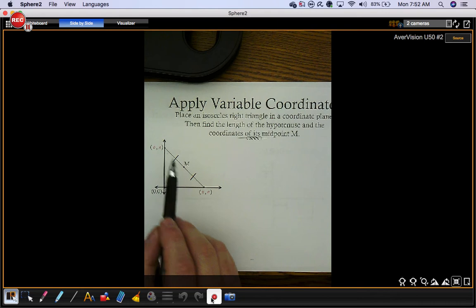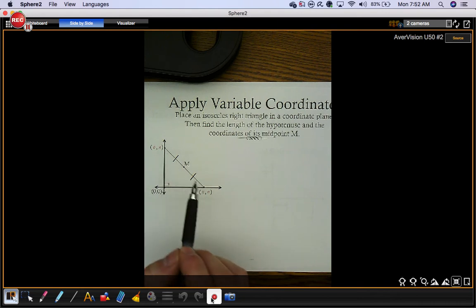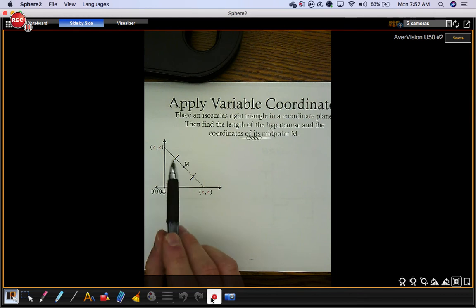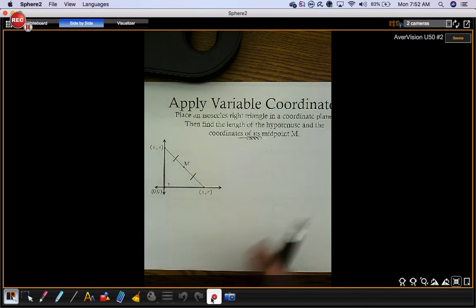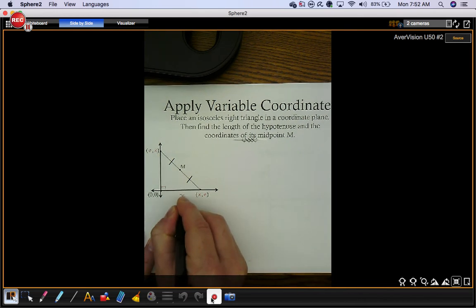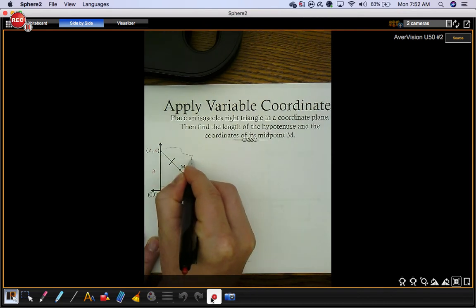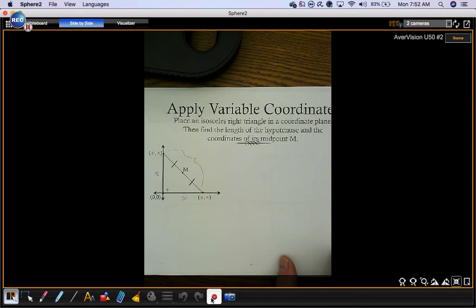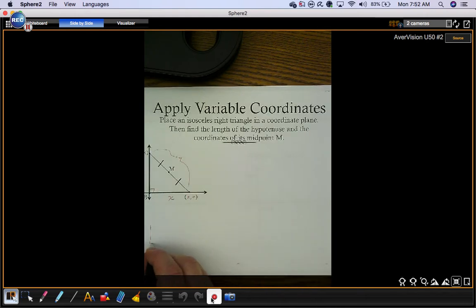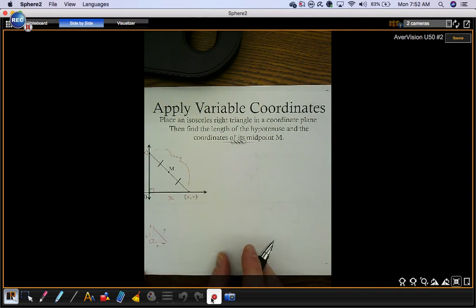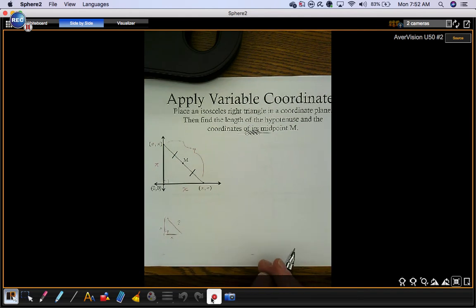We want to find the length of this hypotenuse right here. And we could do this a bunch of different ways. We could use the Pythagorean theorem if we wanted to. Obviously that's x, and that's x. How long is that guy? Well, I'll redraw the triangle down here. x, x, question mark. How to use the Pythagorean theorem to find that length.